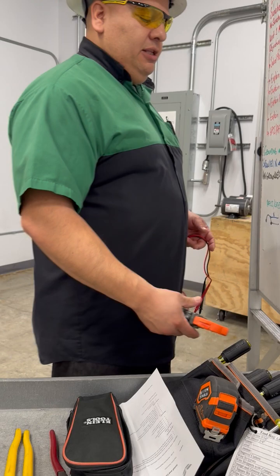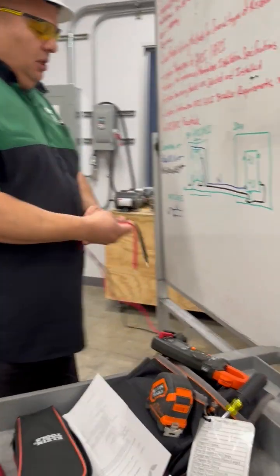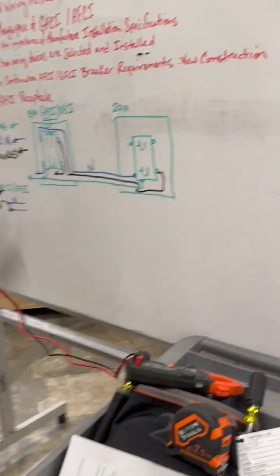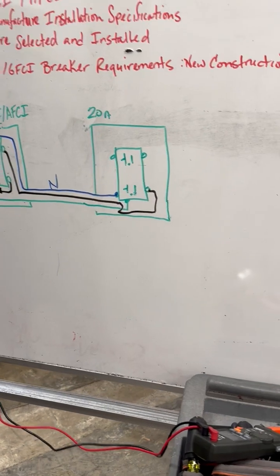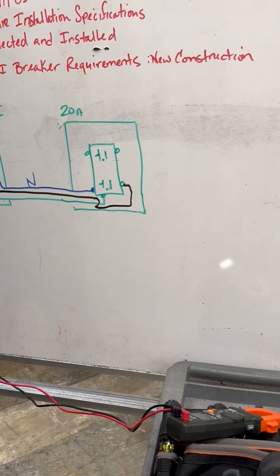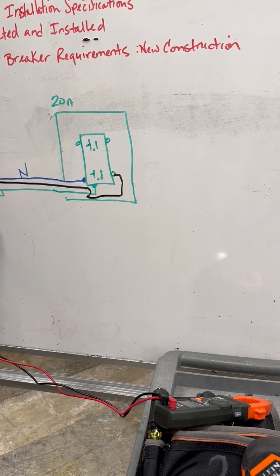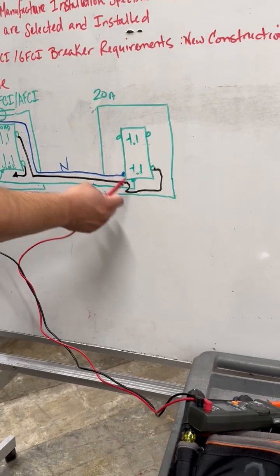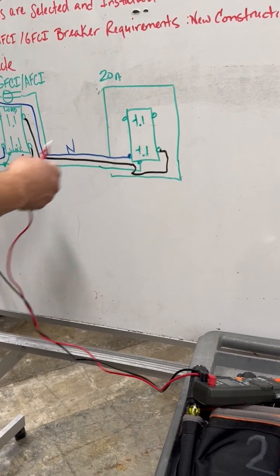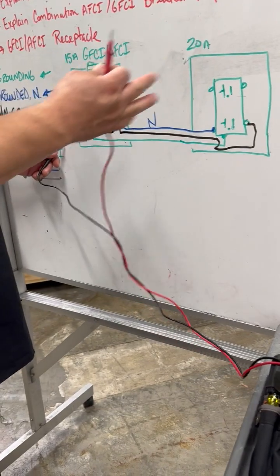So we have it set on continuity, and I'll start right here at the incoming home runs. First, I'm going to check my grounding. I'm going to check every box, every device, and listen for that tone. If I get a tone there, my grounding is intact.